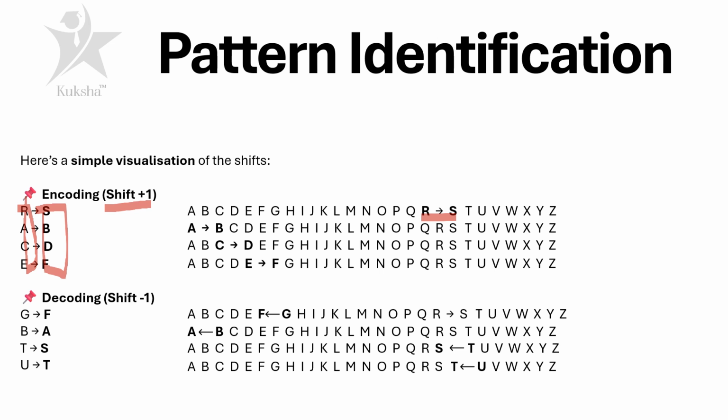In decoding, G corresponds to F, B corresponds to A, T to S, and similarly for U, one alphabet letter before U is T. So GBTU is FAST. This is our option A.